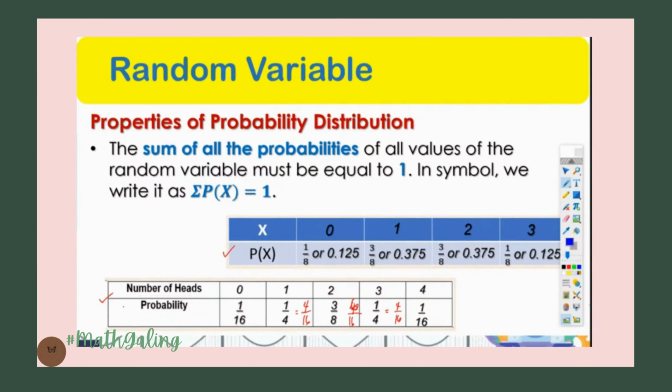It means that we now have our next property: the sum of the probabilities of all values of the random variable must be equal to 1. So it is evident in our first and second examples. In symbol, we write it as you can see on the screen.